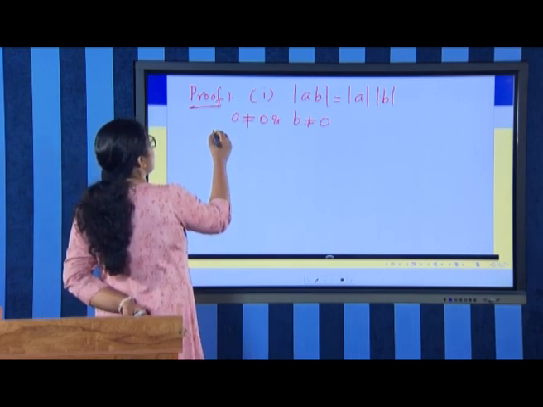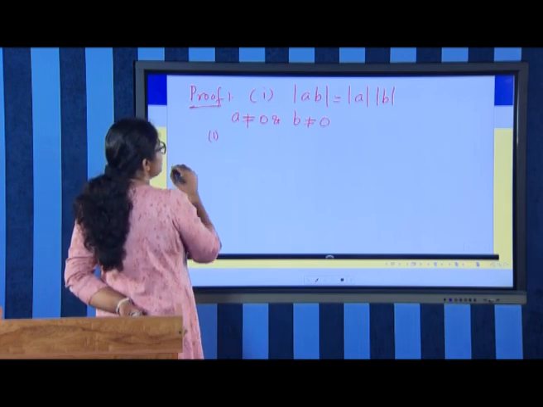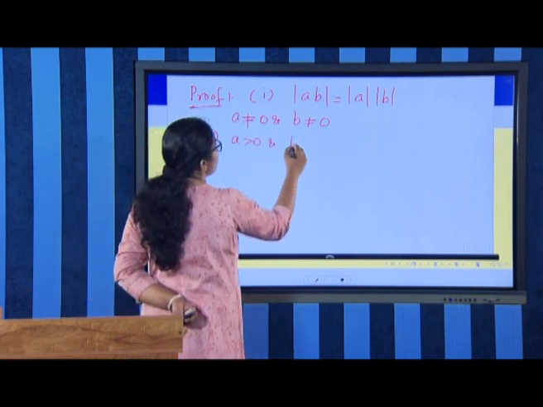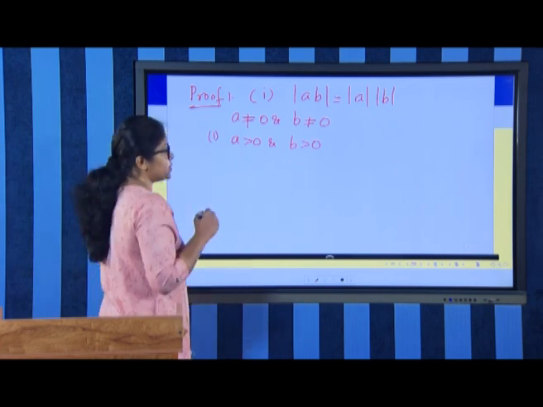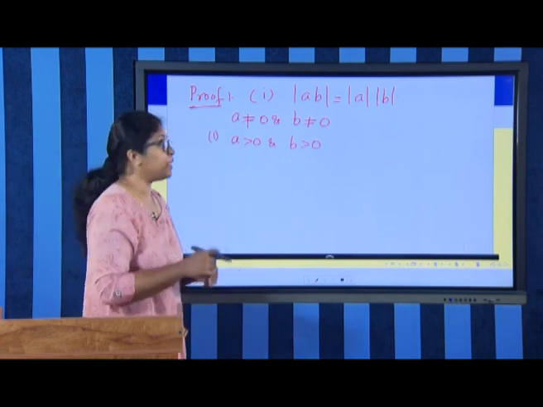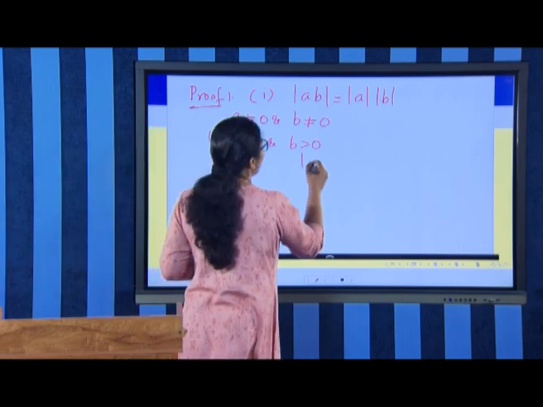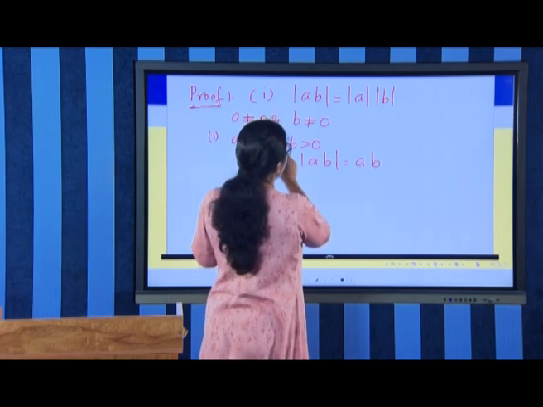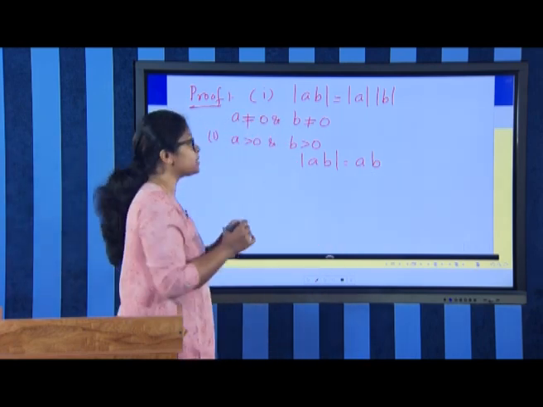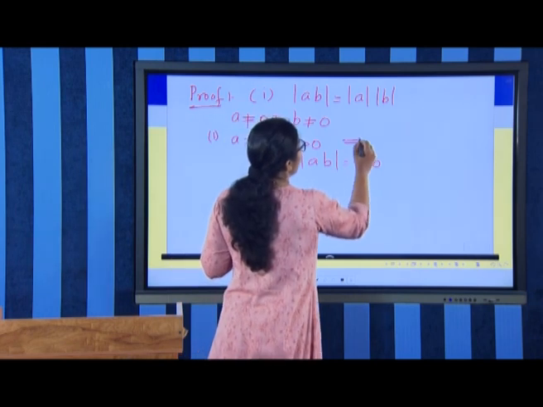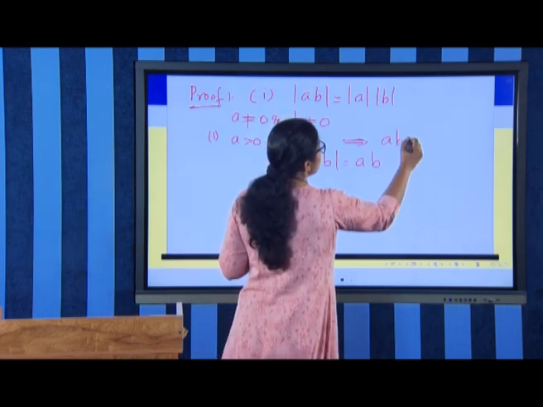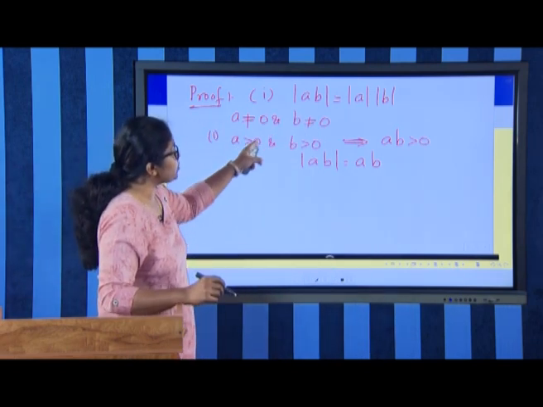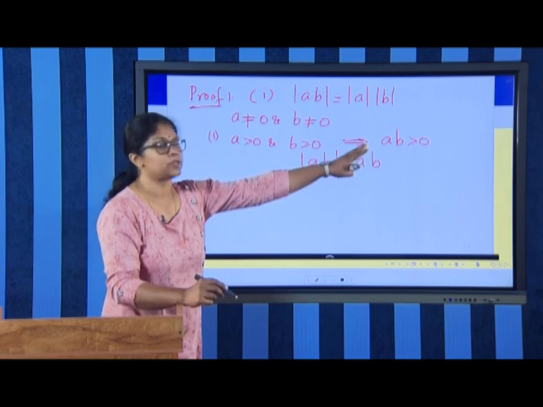Then by the law of trichotomy, we have the first case: if A is greater than 0 as well as B is greater than 0, what happens? If both A and B are greater than 0, then modulus of AB is nothing but AB by definition, because by the definition of positive real numbers we have learned in the previous sessions, if A is positive and B is positive, the product is also positive.